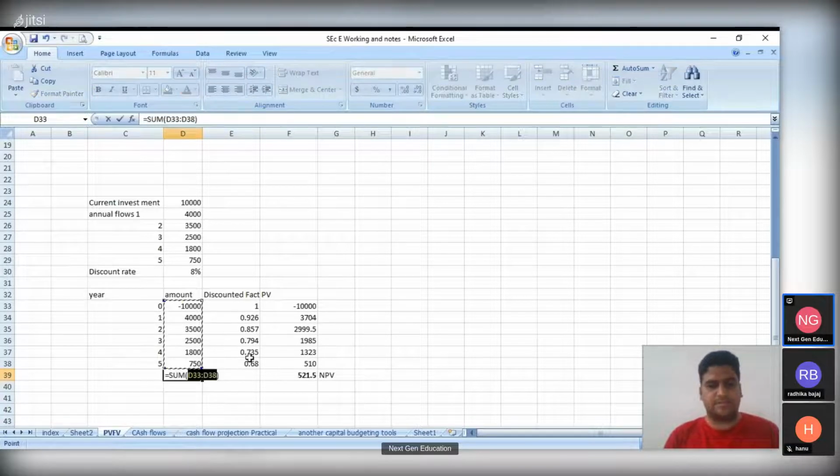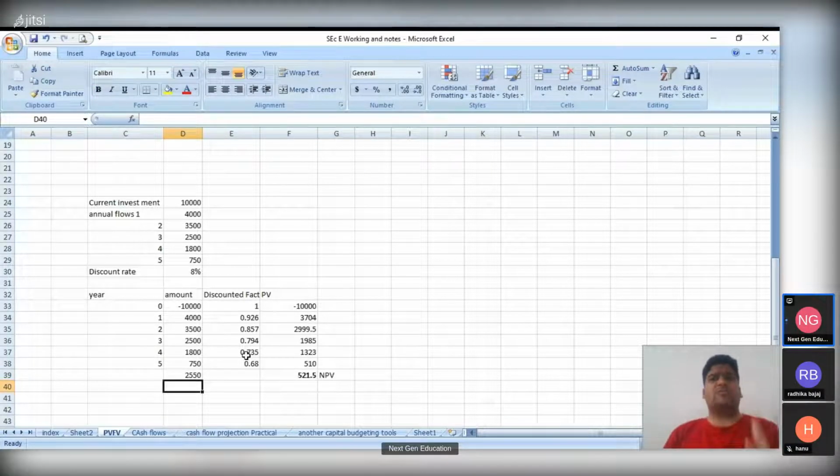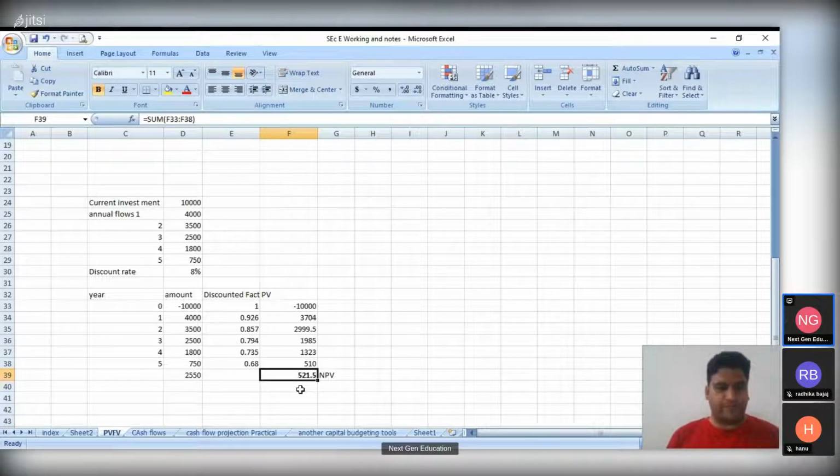Let us sum up all those things. You will get 2,550 rupees after 5 years, and the present value of that 2,550 net cash inflow is basically 521.5.